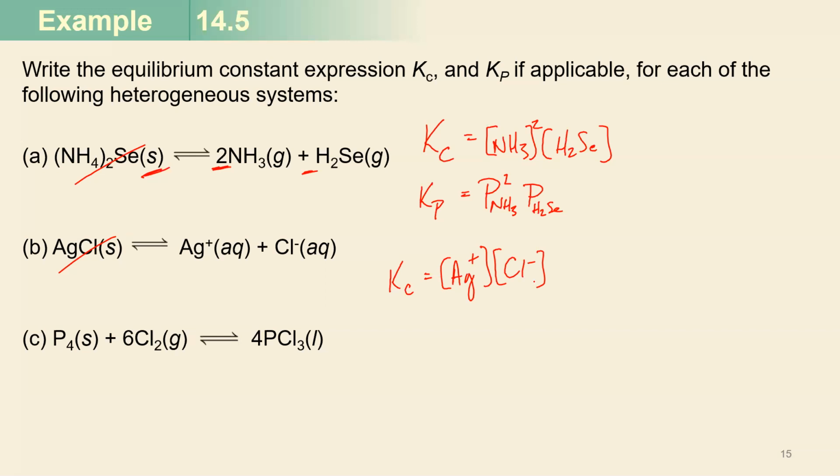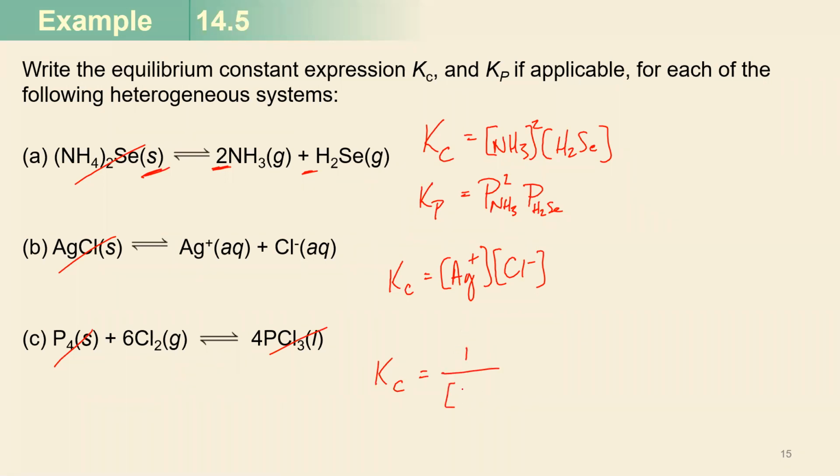Okay. This last one, part C. Can we ignore anything here? The solid and the liquid. The solid and the liquid we can ignore in our equilibrium expression. And so Kc, now remember it's products over reactants. There's nothing in the products, so we just have a 1 up there.